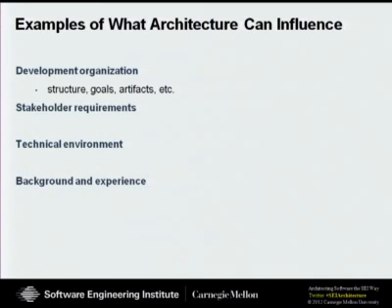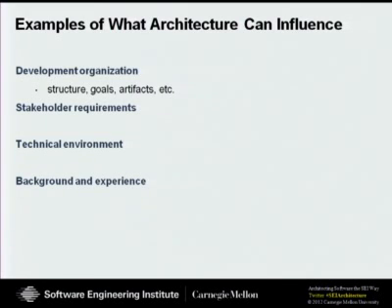The software architecture itself can affect the structure of the organization, which I've pointed out a number of times. The software architecture will affect the teams that are put together, work breakdown structures, project plans, project schedules, etc. The software architecture can also affect the goals of an organization.